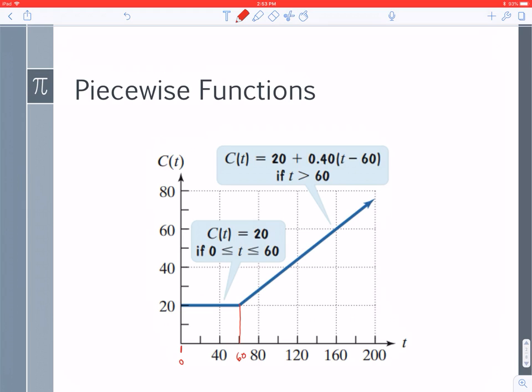As soon as I go over 60 minutes, then I'm going to use this equation to determine my cost. So again, if we're at 61 minutes, then we're going to get charged $20.40. So this equation is a line, a non-vertical, non-horizontal line. So that is going to be the graph of our second part of this piecewise defined function.